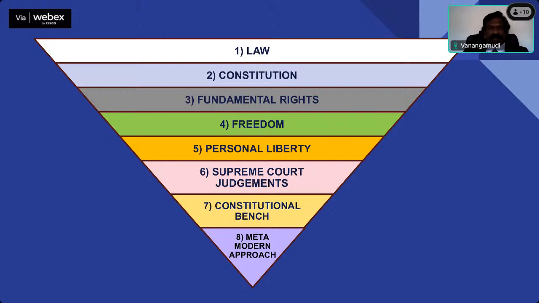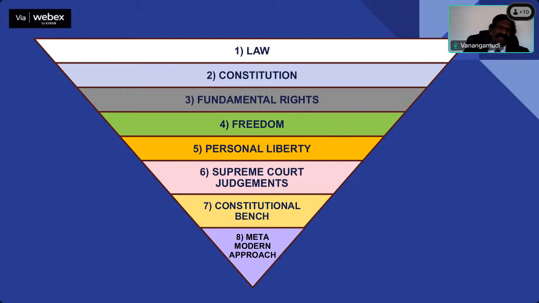I am confining myself only to the meta-modern approach of the Supreme Court. Now the question is whether the Supreme Court has any traits of meta-modernity in its constitutional bench judgments.